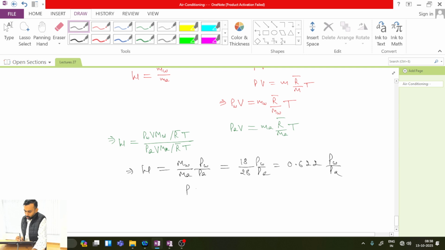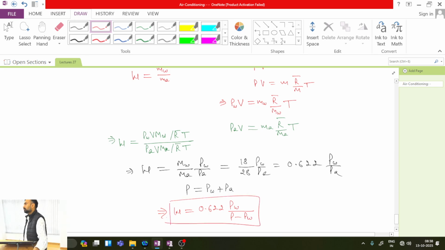Typically, the total pressure of the mixture can be written as the sum of the pressure of water vapor plus dry air. From here, PA can be written as P minus PW. So humidity will become 0.622 into PW divided by P minus PW. And the unit of this will be kilogram of water divided by kilogram of dry air.